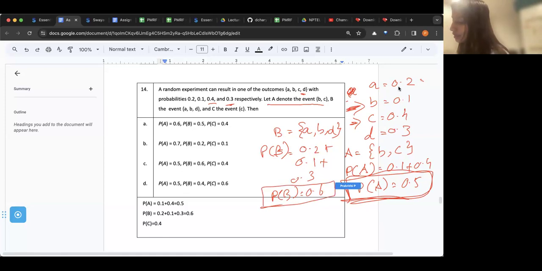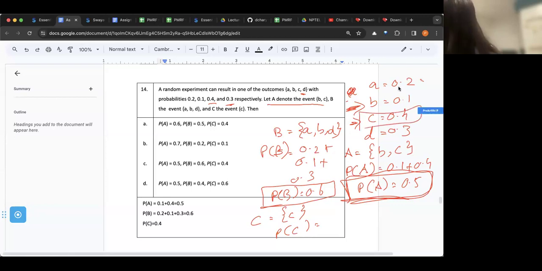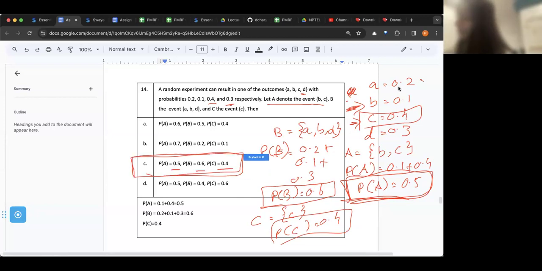So probability of B is 0.6. And then event C is just C. So probability of C is equal to 0.4. So what are the options? Probability of A is 0.5, probability of B is 0.6. So yeah, this is the correct answer to your question.